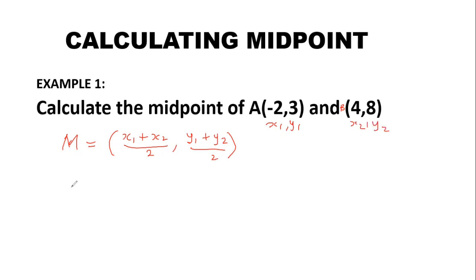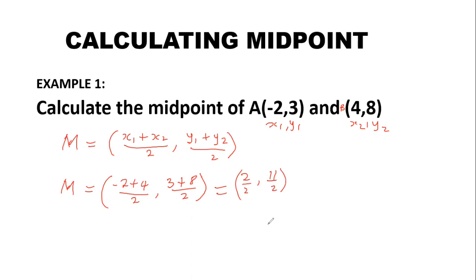I substitute them into the midpoint formula, and midpoint is equal to, into brackets, -2 plus 4 all over 2, comma. The y coordinates, we have 3 plus 8 all over 2, and I close my bracket. This is equal to -2 plus 4 is 2 all over 2, and 3 plus 8 is 11, so comma 11 all over 2.